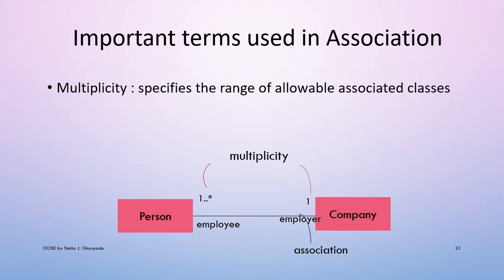How can this be read? One or many persons working in one particular company. So this mapping cardinality is shown by this 1..*, that is one or many persons working in one particular company.